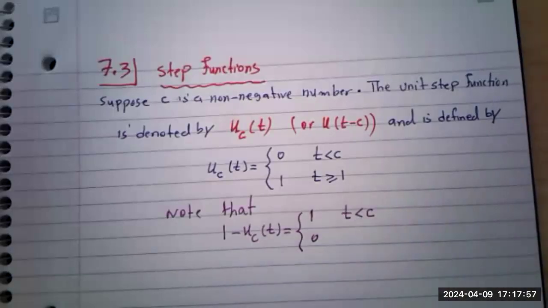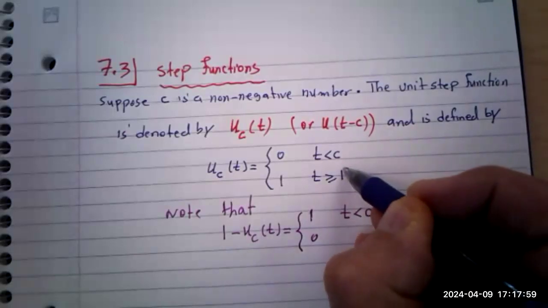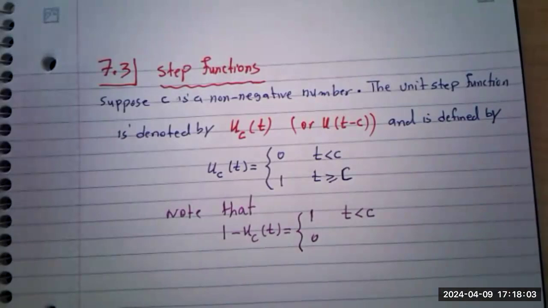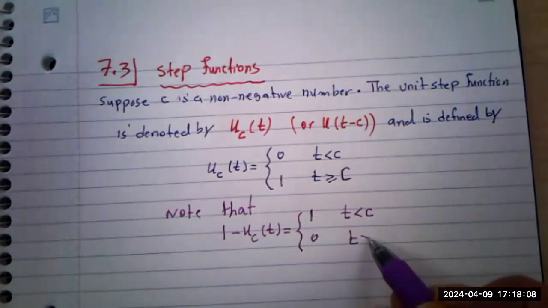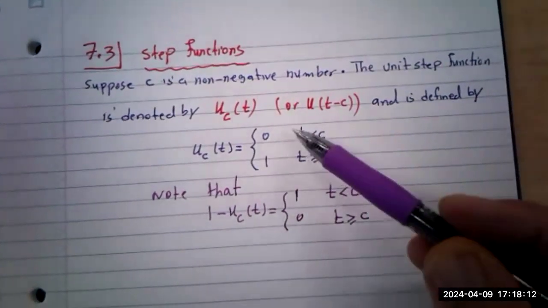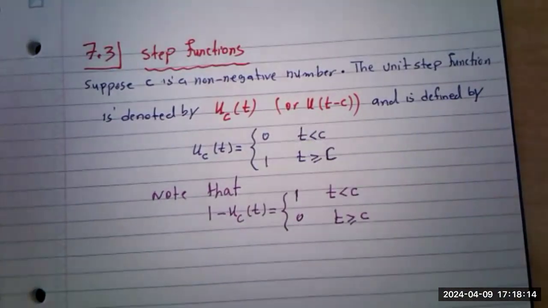Sorry, this must be bigger than C here. Less than C, greater than C. It's going to be the same thing over here, when t is greater than or equal to C. But we go officially with the first one as UC(t), and the other one as 1 minus UC(t).